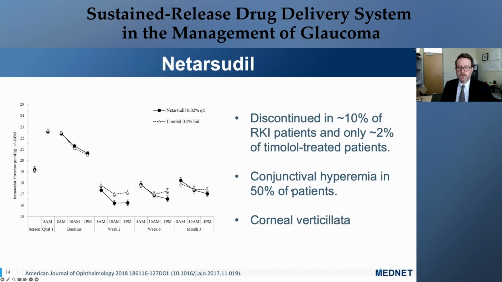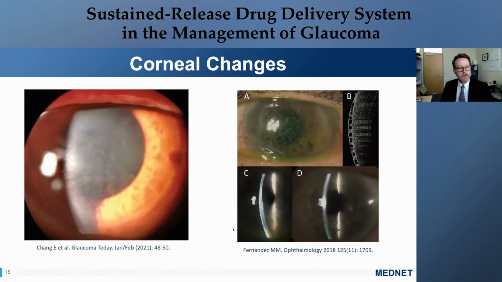It was also noted that some patients had significant development of cornea verticillata, a whorl keratopathy that was not visually significant, but could be seen under the slit lamp. And that's shown on the left side of the screen here. It can often be quite dramatic, but rarely, if ever, is it visually significant.